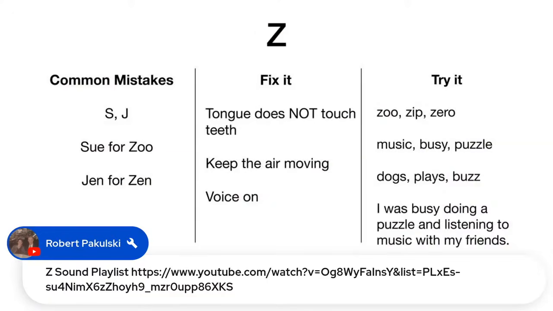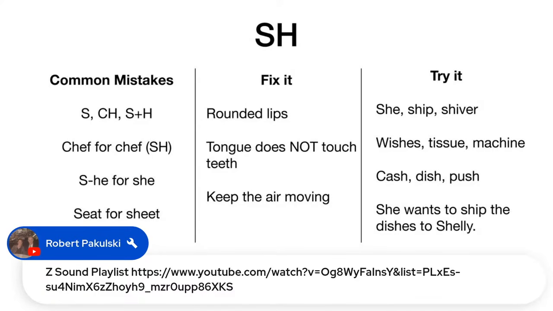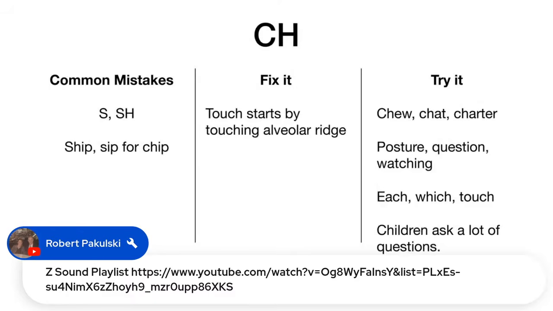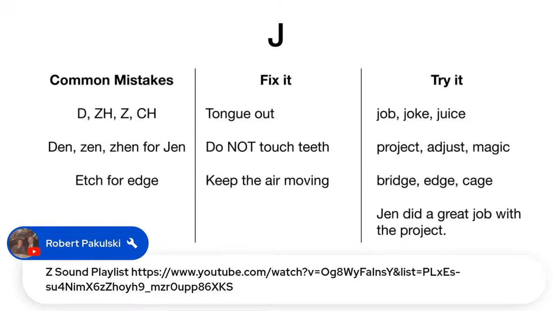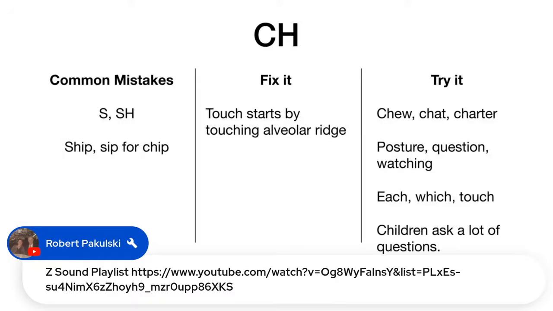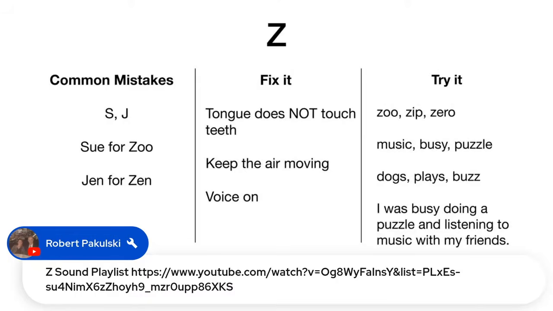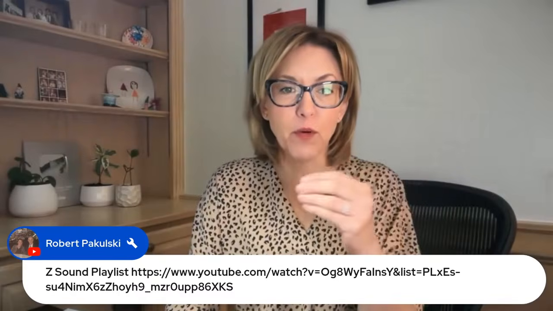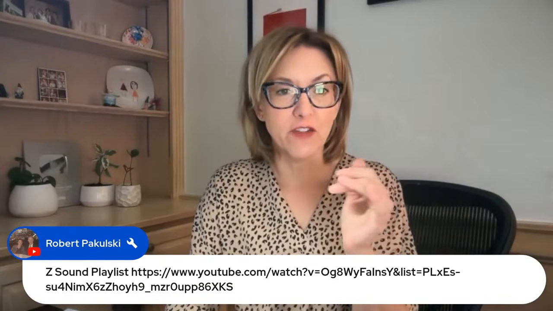So we just talked about the Z sound. So Z and S are confusing mainly because of the spelling for most people. Then we have this SH sound, CH, and J. All of these sounds tend to be really confusing and people sort of just change these around.